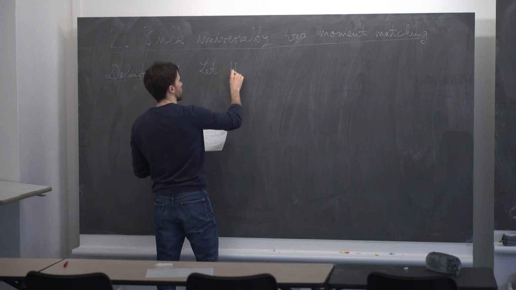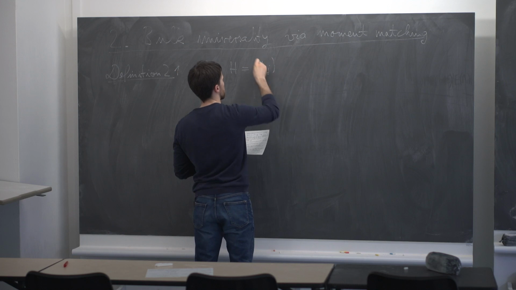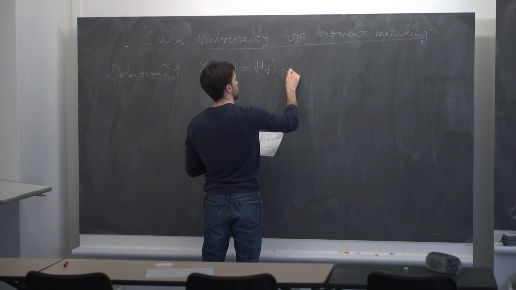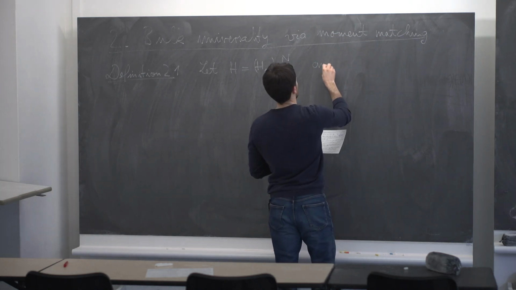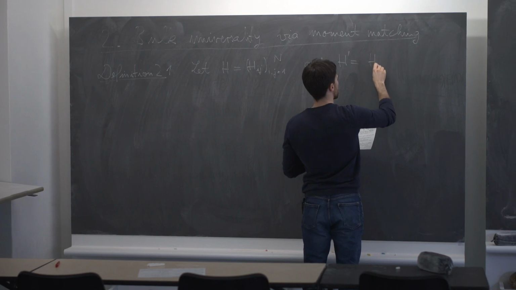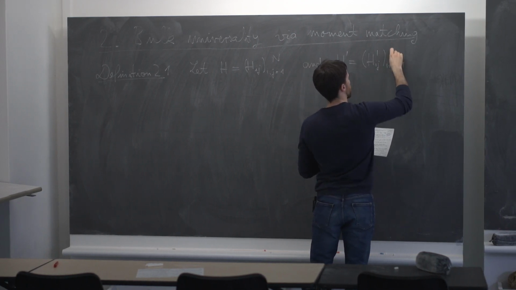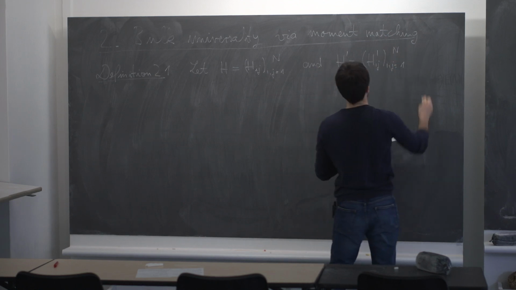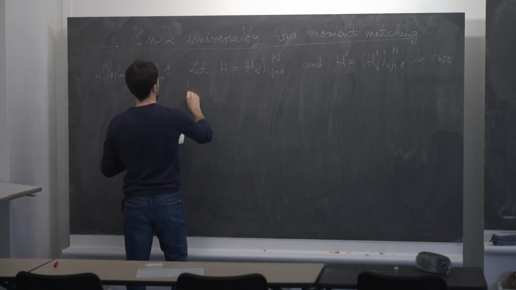And we start from two Wigner matrices. One is called H, with entries Hij, and then I'll have a second Wigner matrix H prime, whose entries I will denote by Hij prime. It's also an n times n Wigner matrix.